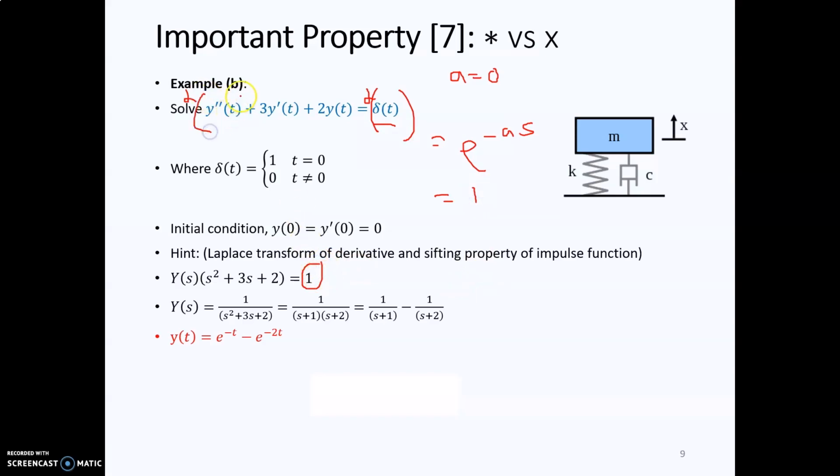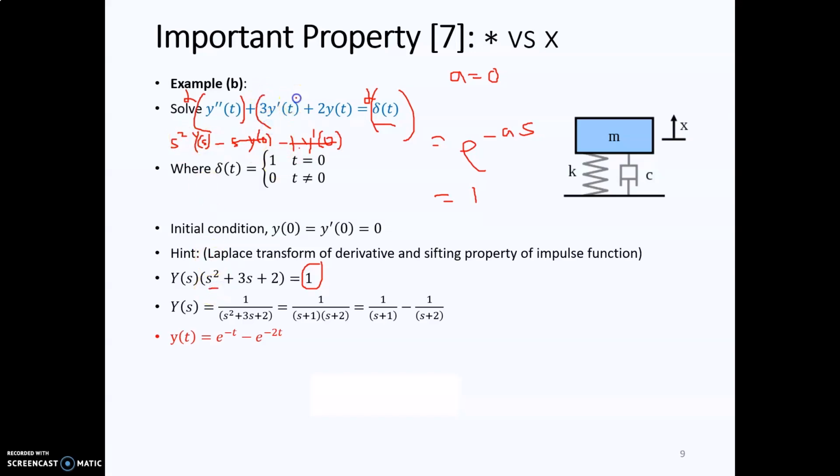The Laplace transform for y double prime gives you s squared Y(s) minus s y(0) minus y'(0). Since y(0) and y'(0) are 0, you only have s squared Y(s), which is this term.